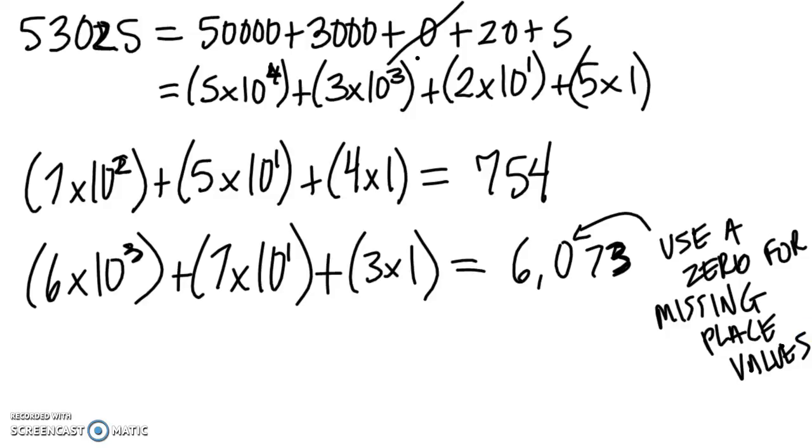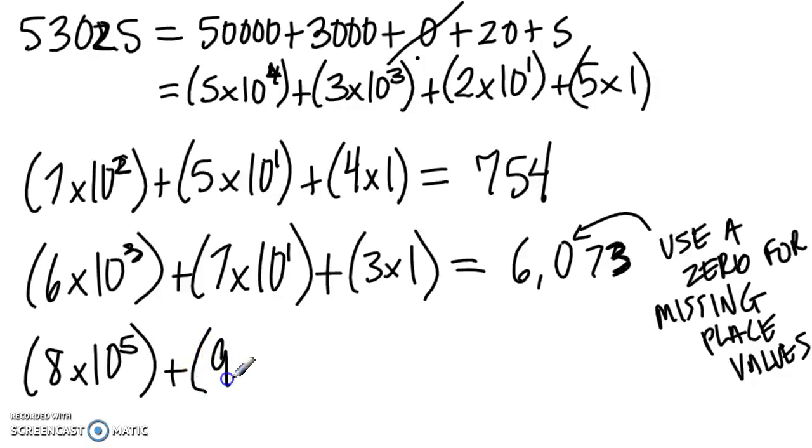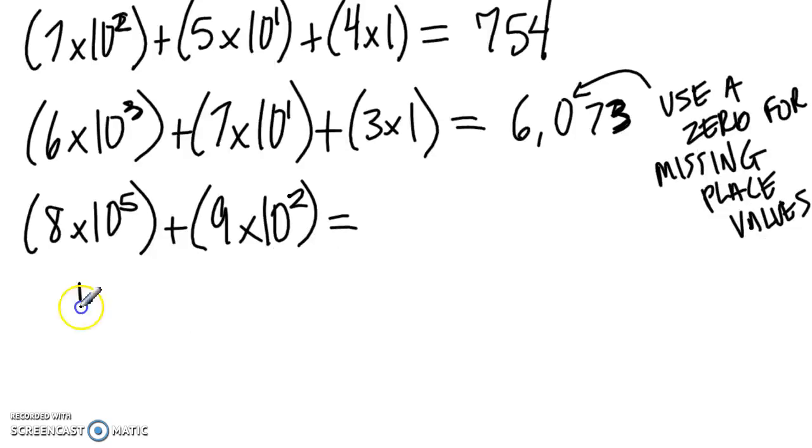Okay, so let's go crazy on this last example and see if you've been paying attention. 8 times 10 to the 5th power plus 9 times 10 to the 2nd power equals, what is it, 89? Is that our answer? 89? Of course not. We are missing, we got to list all the ones we're missing.